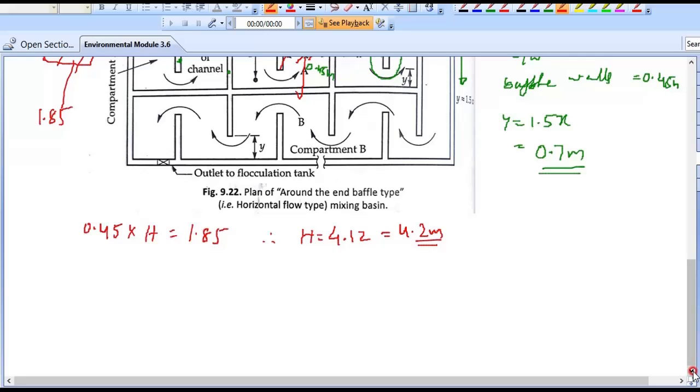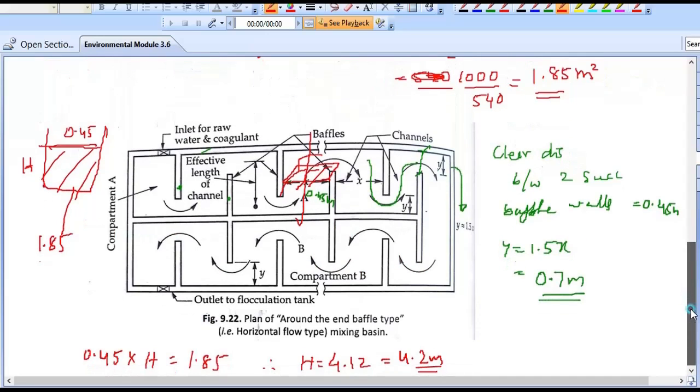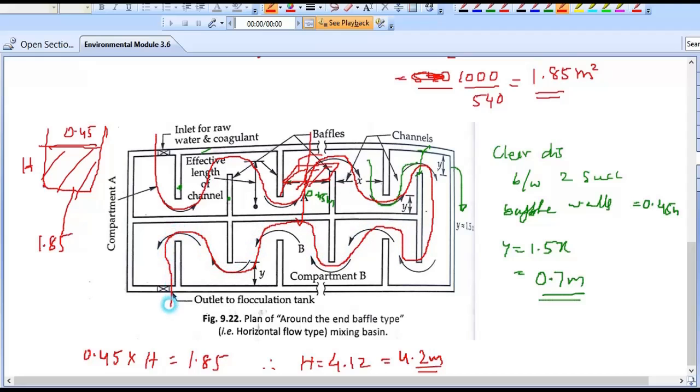Okay, now how to get the length of the water? Because the water comes here and it goes like this, like this, like this. It travels all along this way, and we don't know how exactly we need to measure this one. Therefore we have a guidance here, that is effective length.